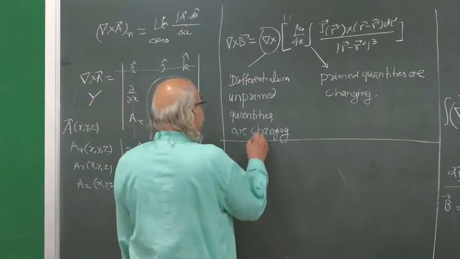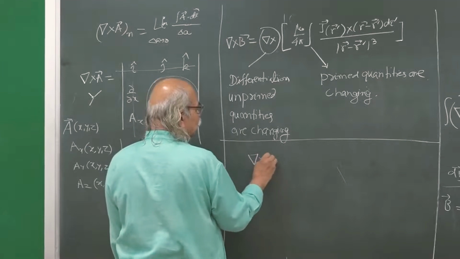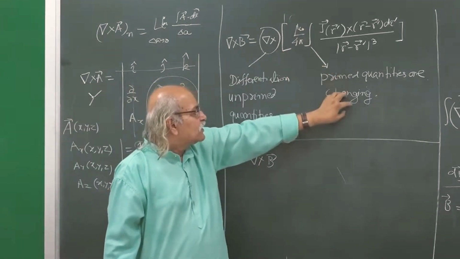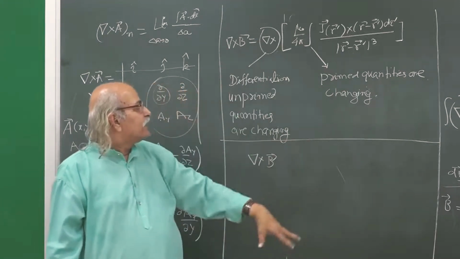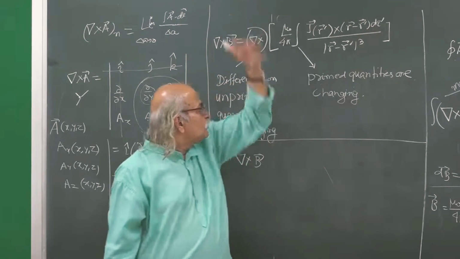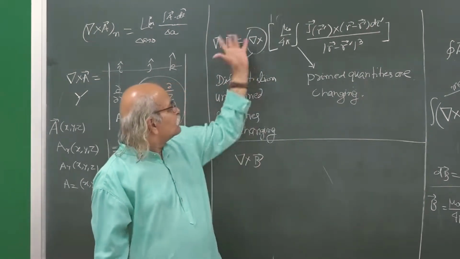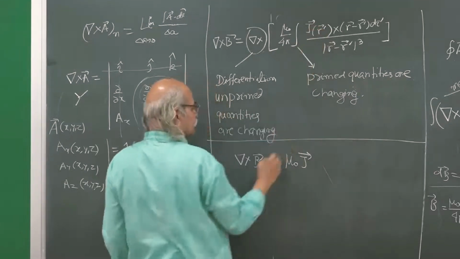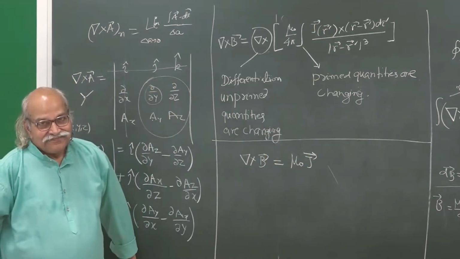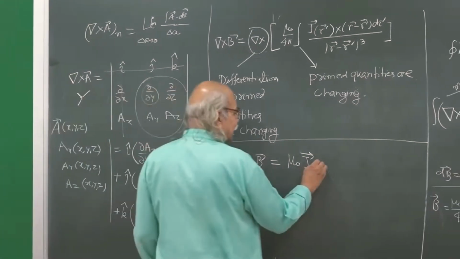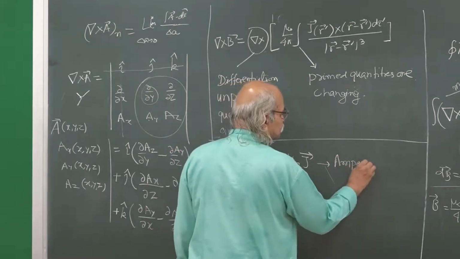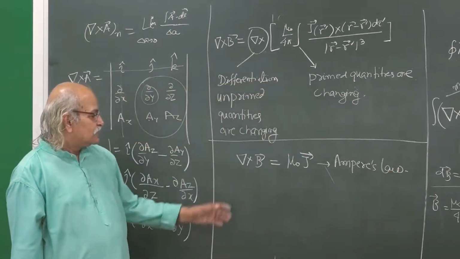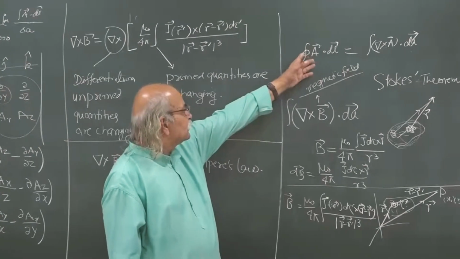After doing all this differentiation with respect to the unprimed quantities and integration with respect to the primed quantities over the volume which contains the current, d tau prime, this curl of B turns out to be mu naught times J, just mu naught times J. And it is this equation which is known as Ampere's law.